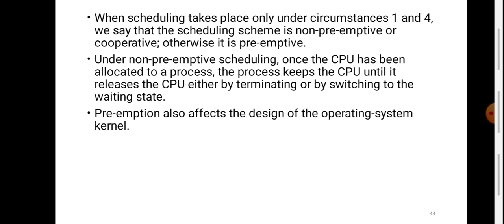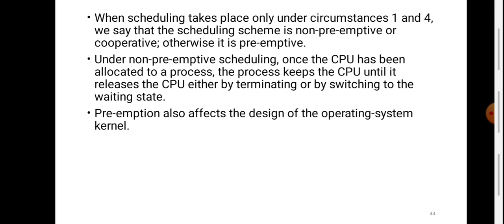When scheduling takes place only under the first and fourth situations, we say that the scheduling scheme is non-preemptive, or cooperative. Non-preemptive means the CPU is not shifting from one process to another; otherwise it is preemptive. Preemptive means one process is there and has not yet completed its execution.